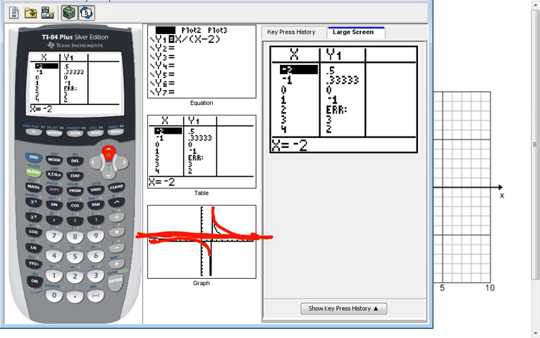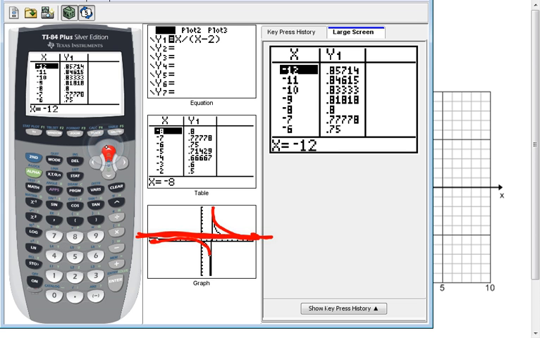So I'm going to go to my table, and I'm going to go really low on my table here, and I'm noticing in my y values that my numbers are getting bigger: 0.90, 0.91, 0.92, 0.93. They're slowly getting bigger, and if I kept scrolling up, they would never, ever reach 1.